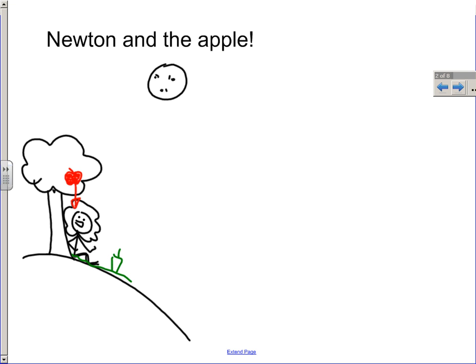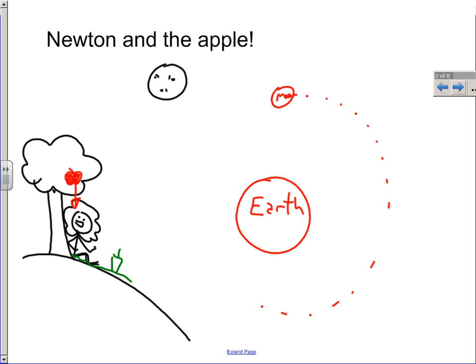All right, so here's what he began visualizing in his head. He's thinking, all right, well, I know, because I'm a smart dude, that the Earth is orbited by the moon. And he knows, because it's his first law, that if an object is in motion, it wants to stay in motion.